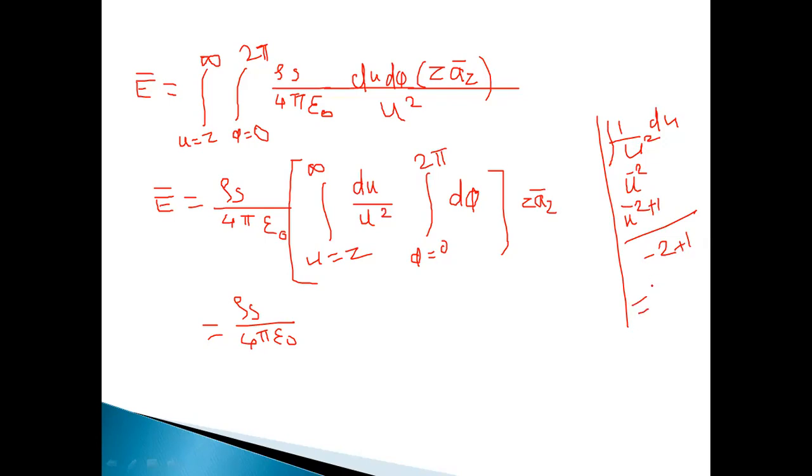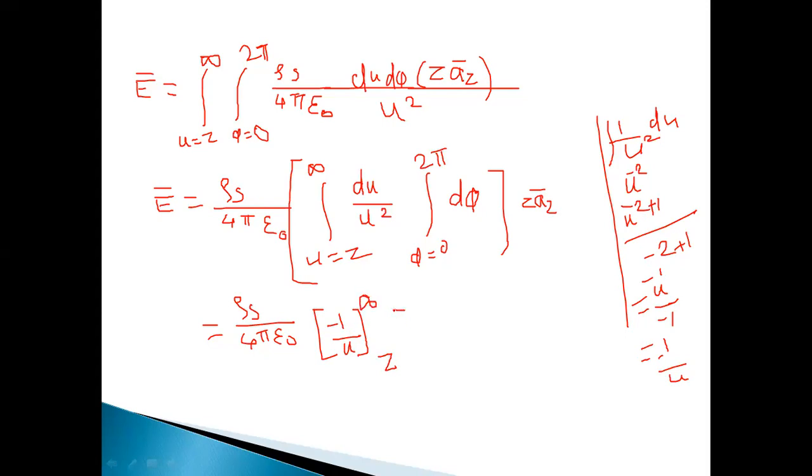It is equal to minus 1 upon u, u raised to minus 1 divided by minus 1, that is, minus 1 divided by u. Correct. And the limit is from z to infinity, u is equal to z to infinity.